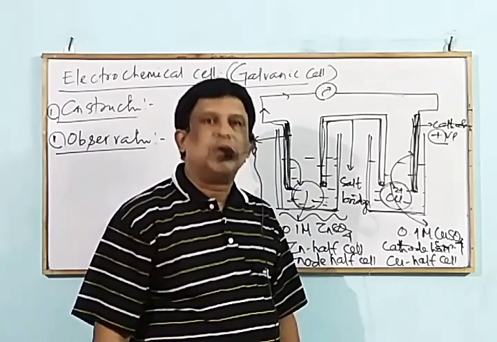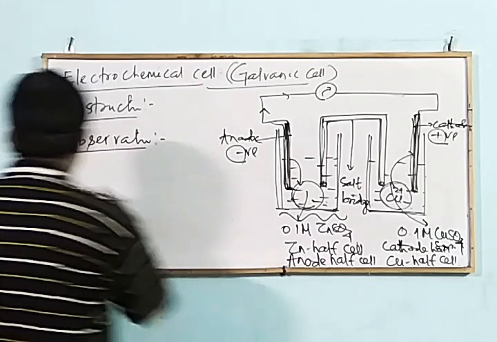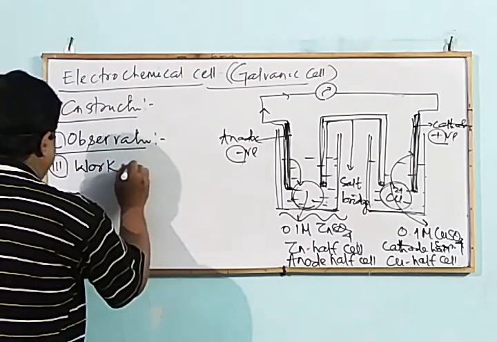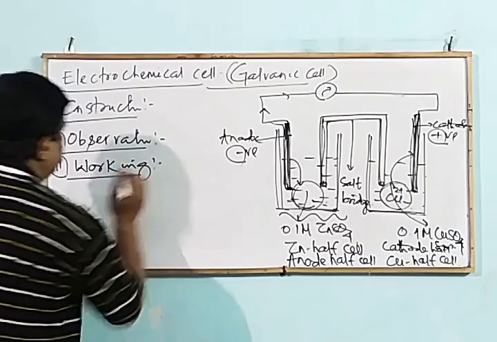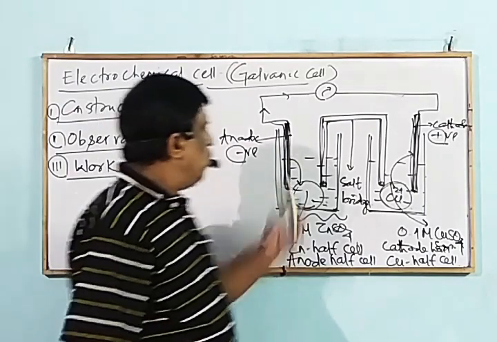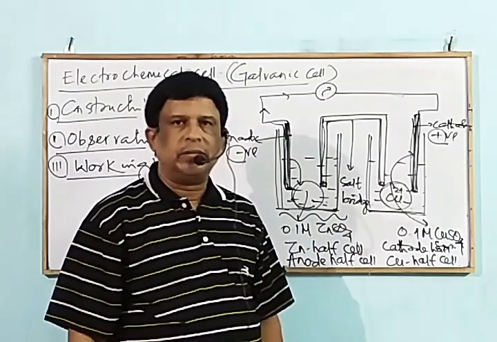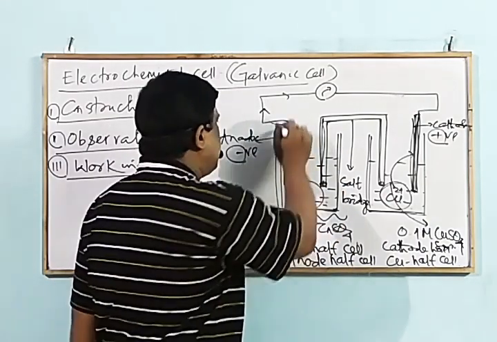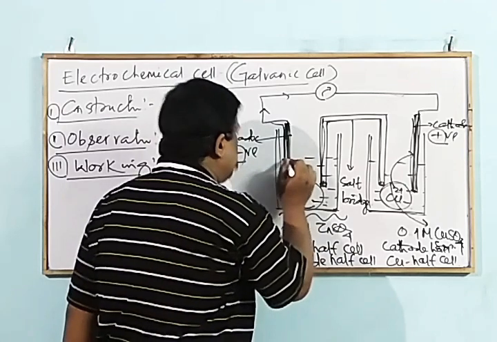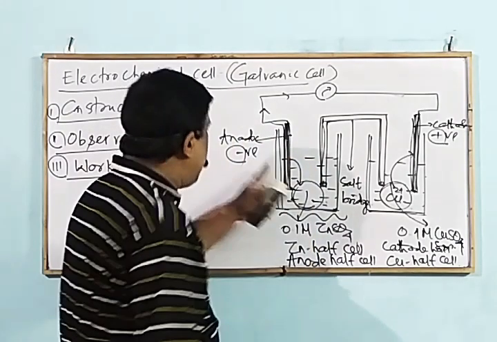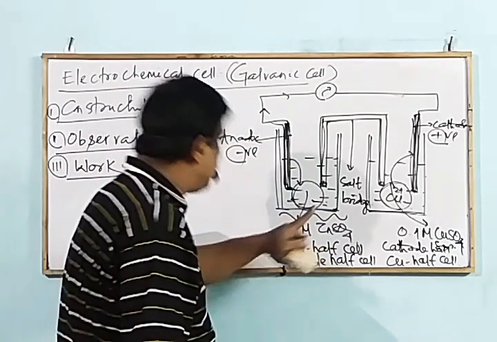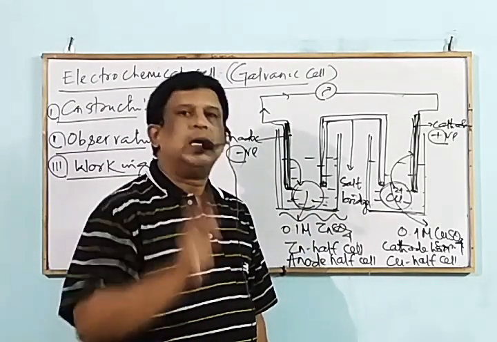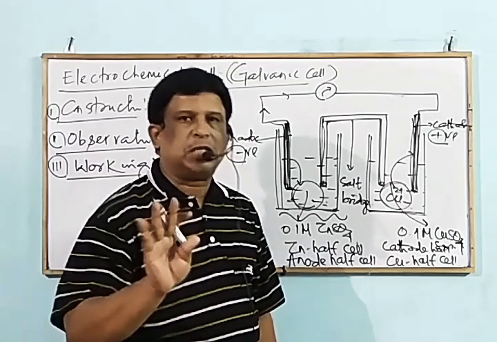Next we discuss working. Third one is working. Mark that. When the cell reaction is complete, when the circuit is complete, what do we observe? First thing is, from anode, zinc loses two electrons and moves into the solution in the form of Zn2 plus ion. Here oxidation takes place.